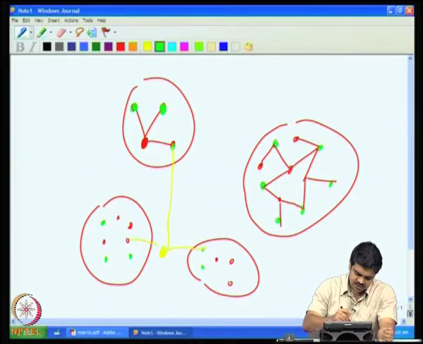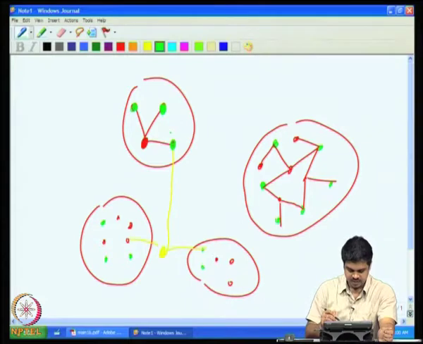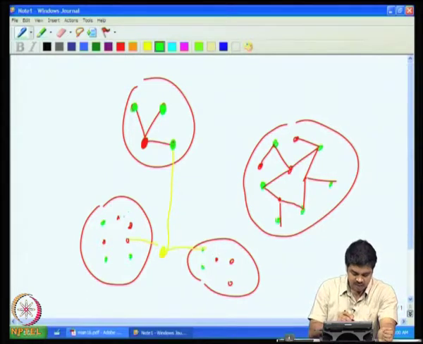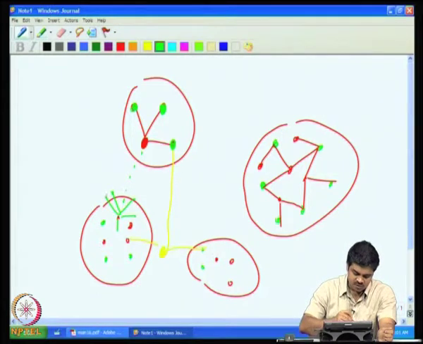This is interchanging the colors red and green in this component. Why does it not affect? Because the other connected components of red and green vertices will not have any edge across this. So this change will not affect them, because they only want their neighborhood to be different from them. The neighboring vertices should be colored different from the color they got.